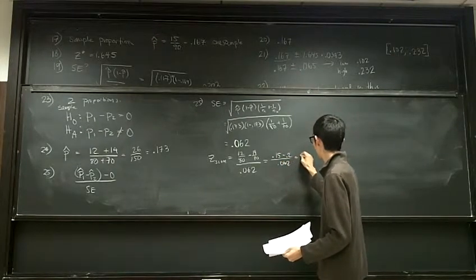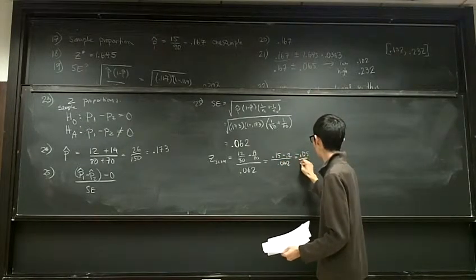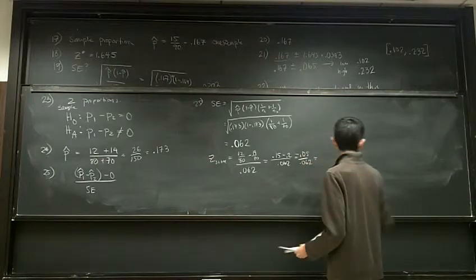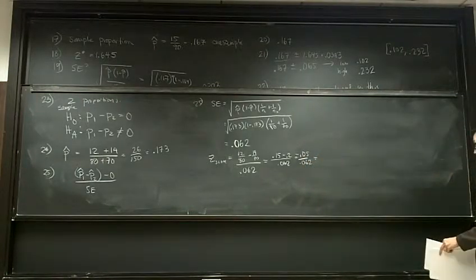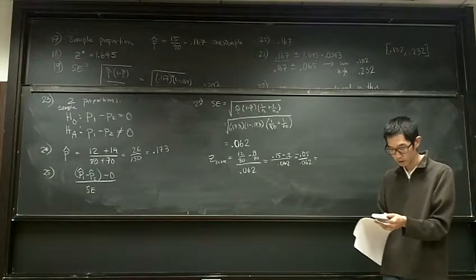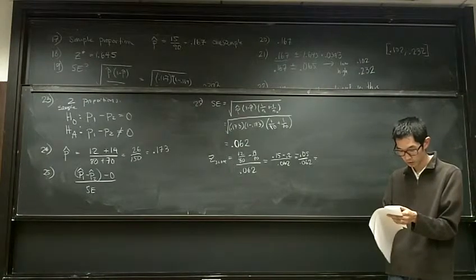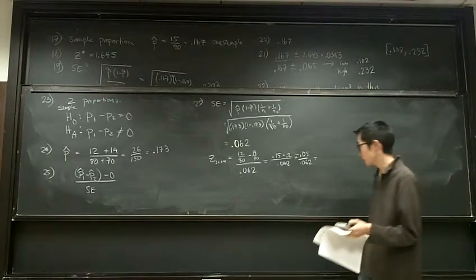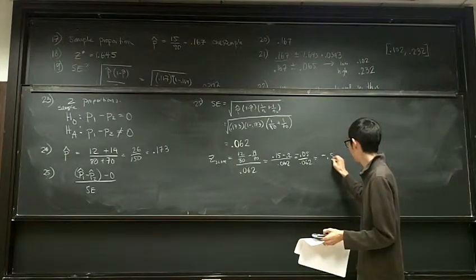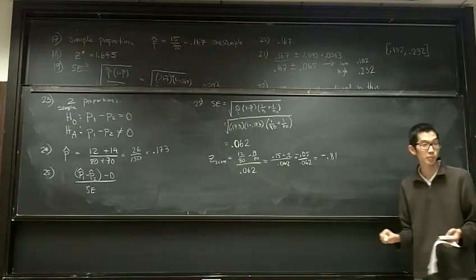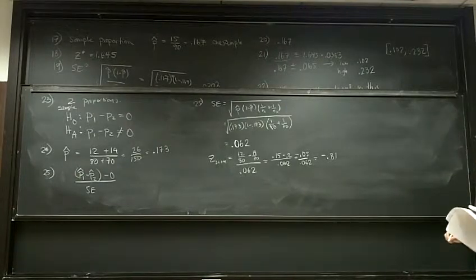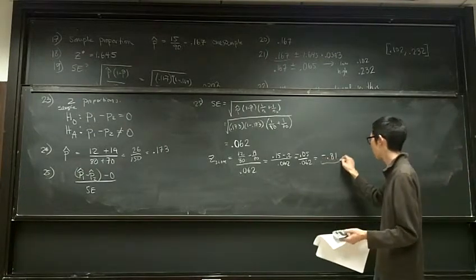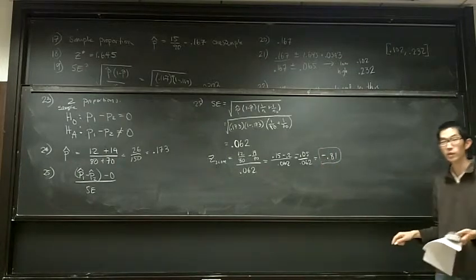I have negative 0.05 over 0.062. If I do this, I get negative 0.808, or negative 0.81. That's my z-score. 25. This is our test statistic, negative 0.81.